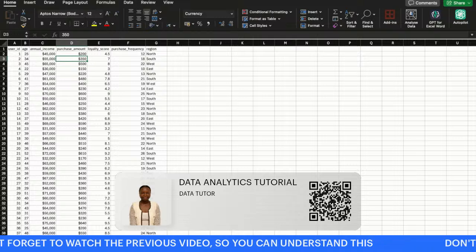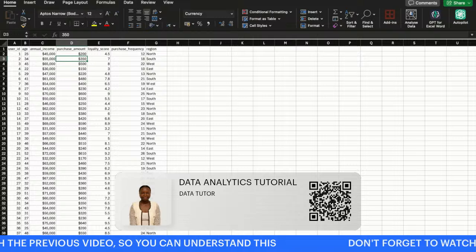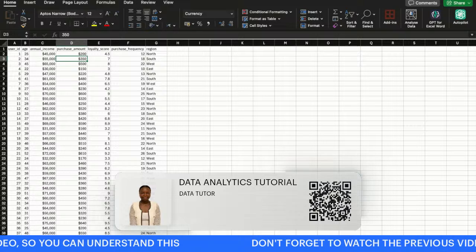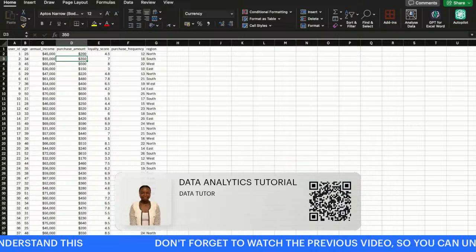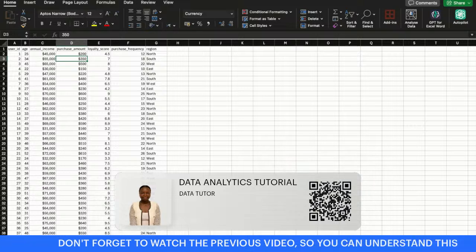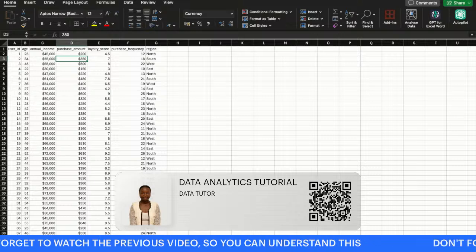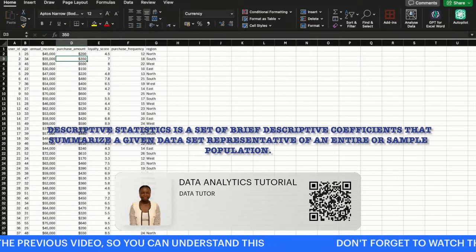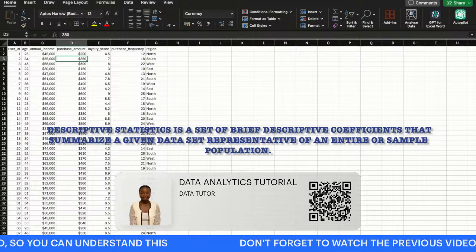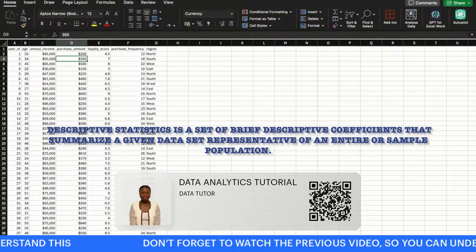And descriptive statistic is like categorizing data, is describing your data. So with numbers, combine numbers with text. The text is like the customer name, maybe we have customer name or customer ID.